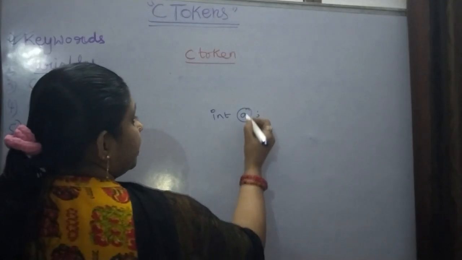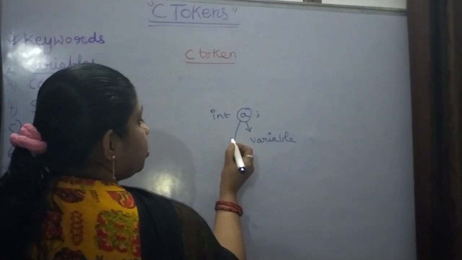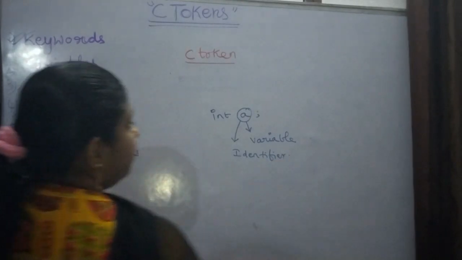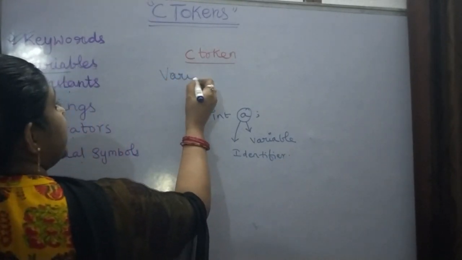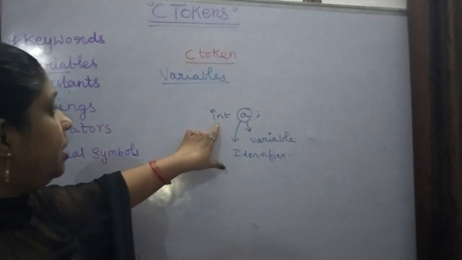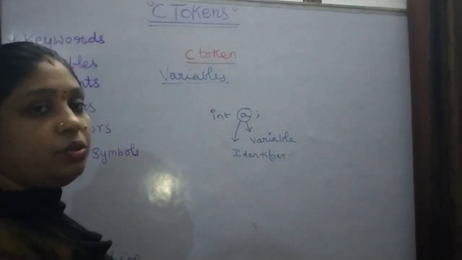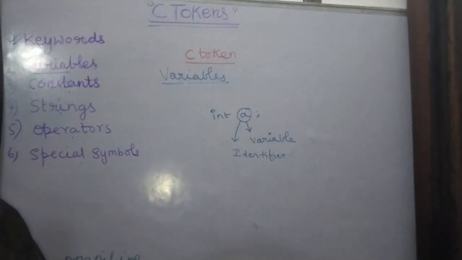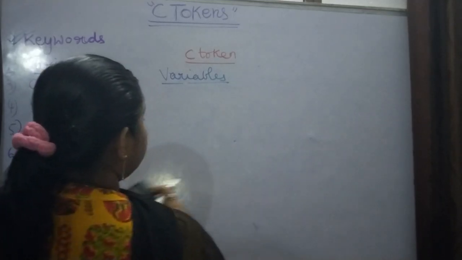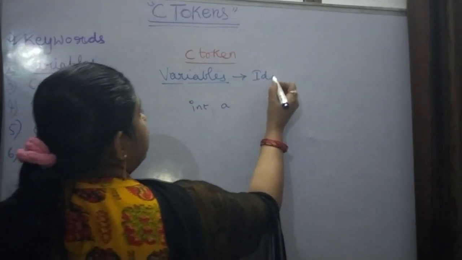Now this word is nothing but variable, and this is also called as identifier. Identifier is the name given to the variables.